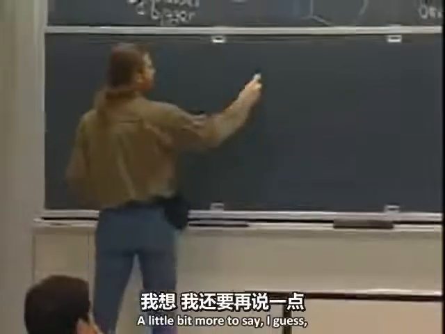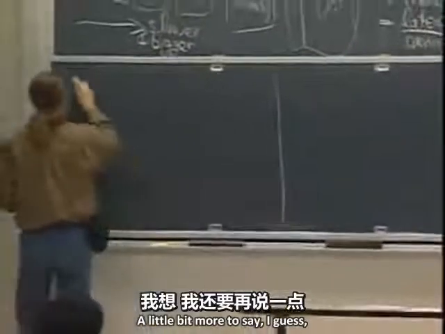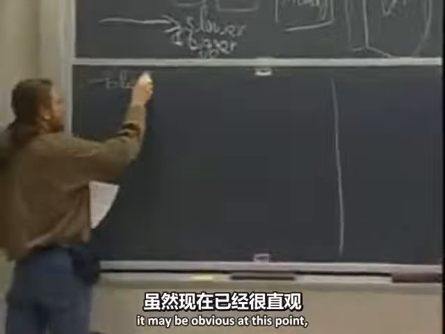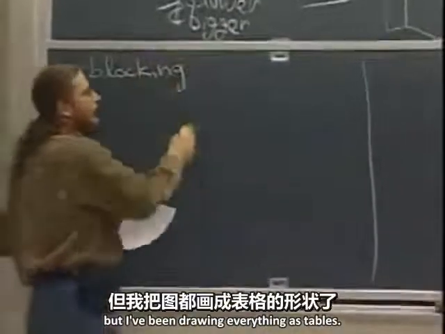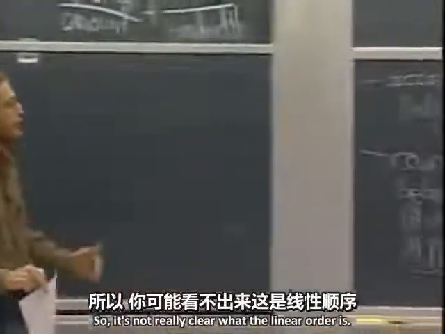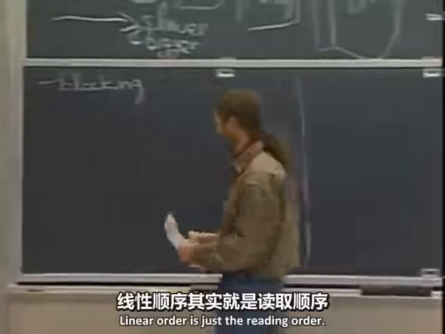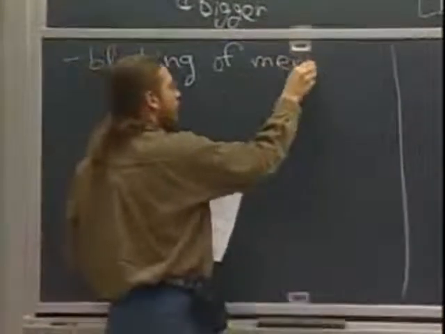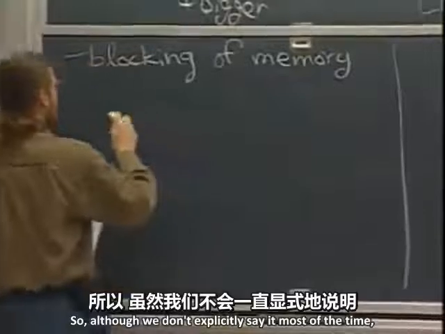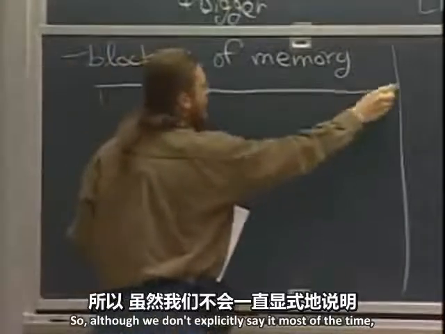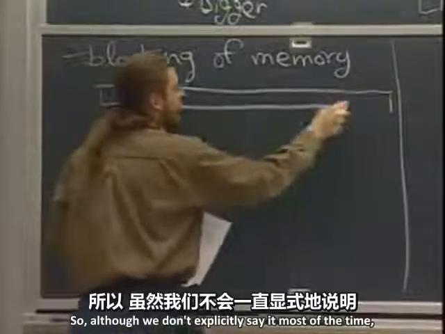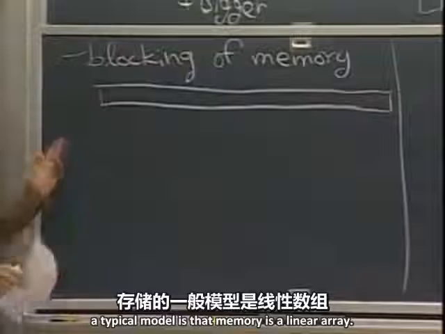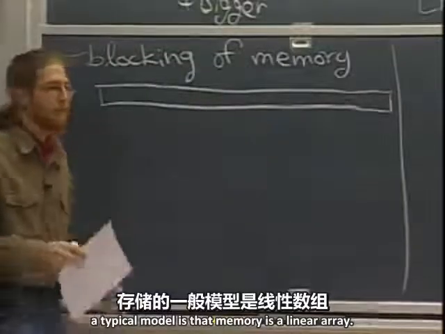A little bit more to say, I guess. Maybe obvious at this point, but I've been drawing everything as tables, so it's not really clear what the linear order is. Linear order is just the reading order. So although we don't explicitly say it most of the time, a typical model is that memory is a linear array.